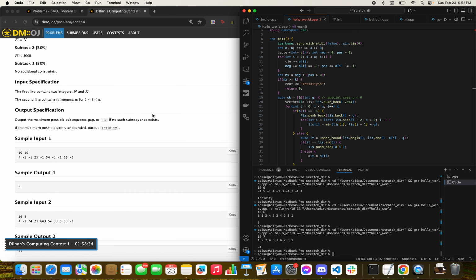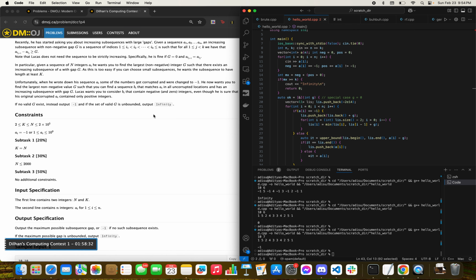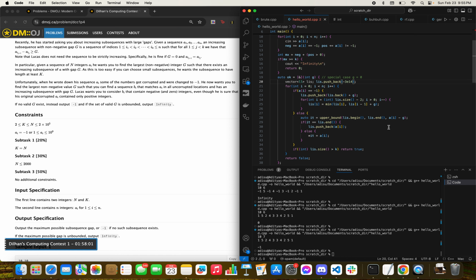Something very interesting must be happening here. So it's like it knows this, right? Let's make it 3E14. Why not? Does lower bound do anything?